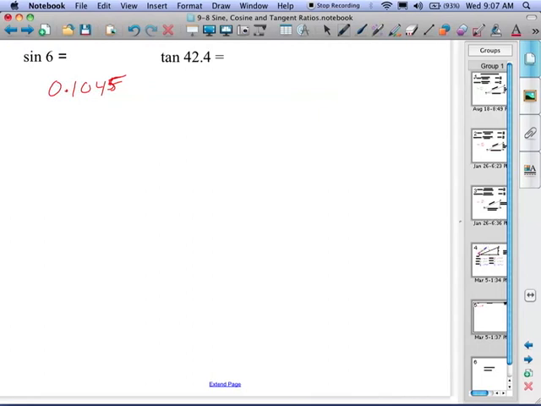And then we type into a calculator tangent of 42.4. You'll either type in the 42.4 and then hit the tangent button, or type the tangent button and then type in 42.4. It depends on the calculator you're using. You have to make sure you know. And we find that the tangent of 42.4 degrees is 0.9131. And you'll have a couple of problems where all you have to do is type them into a calculator.